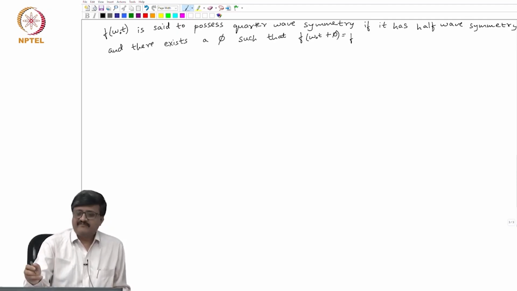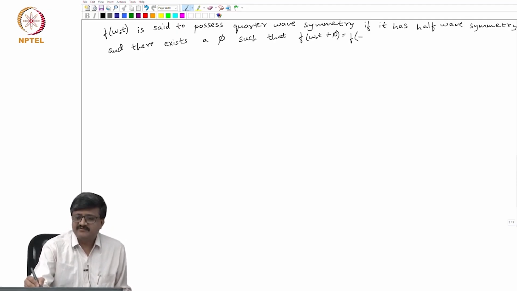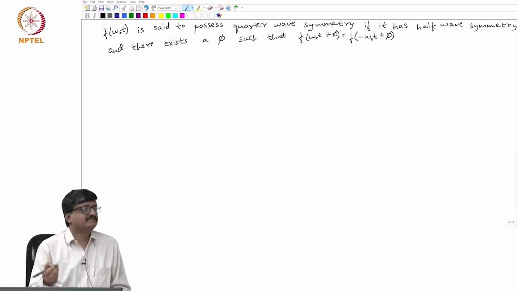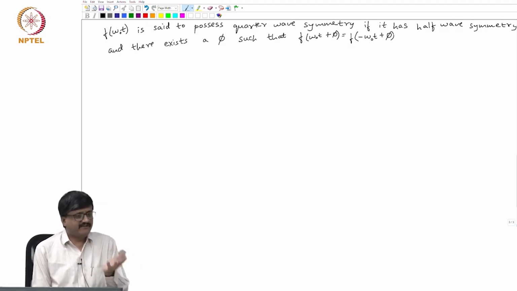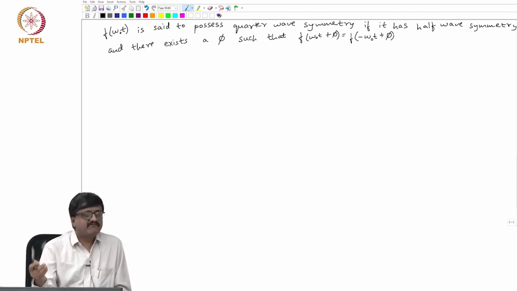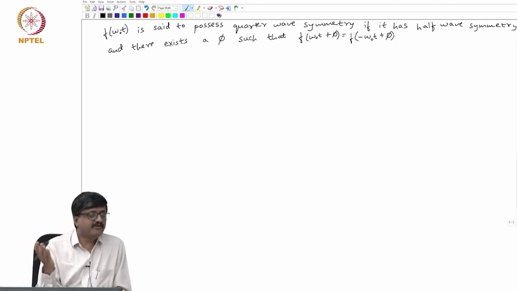If I want to make it an even function, I should say that f of omega o t plus phi is equal to f of minus omega o t plus phi. So, there should exist such a phi, so that I can shift either to the right or left depending on whether phi is positive or negative, such that I get an even function if I change the omega o t equal to 0 axis.